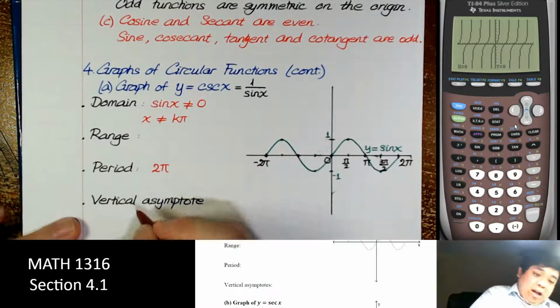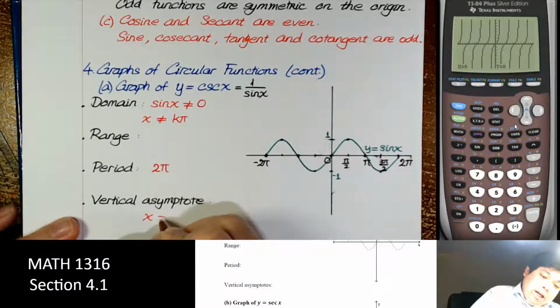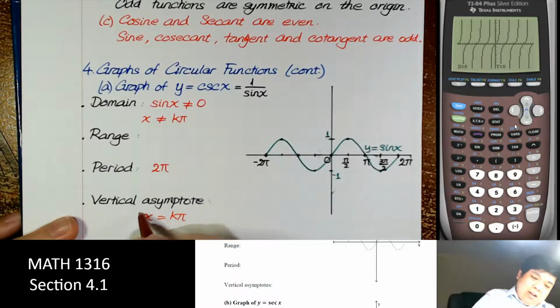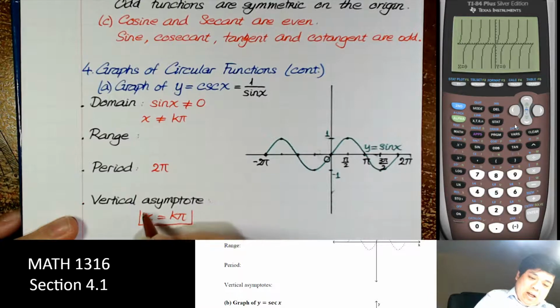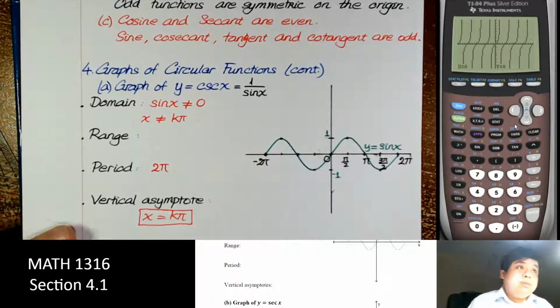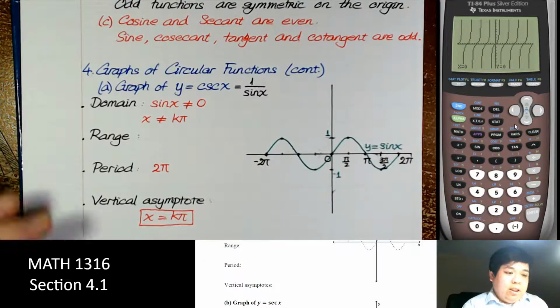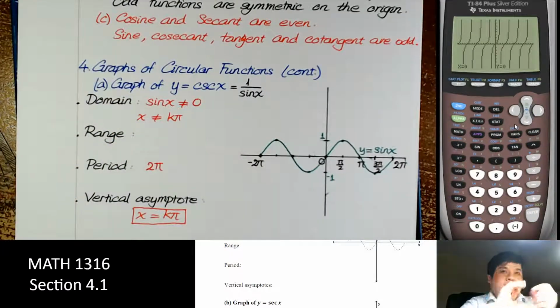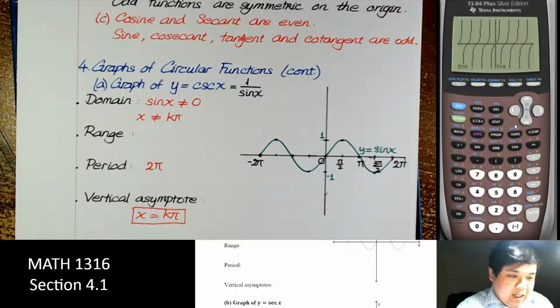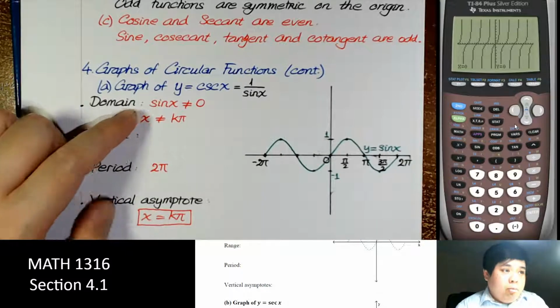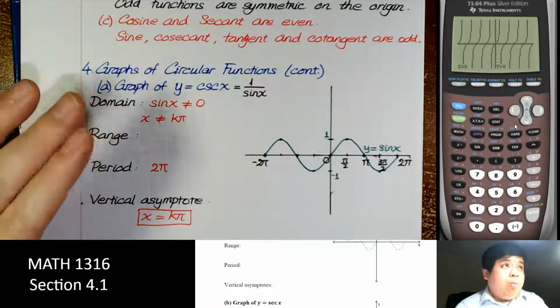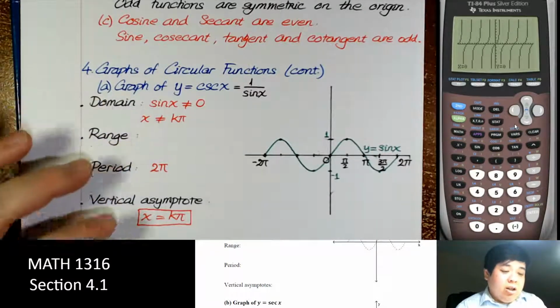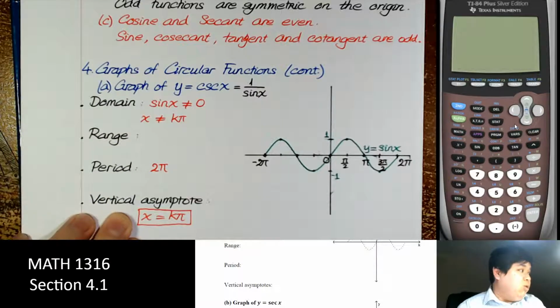The complement to that is where it equals k pi. The function is undefined, so the asymptote will be at k pi. So the domain and the vertical asymptote are kind of opposite to each other, because the domain is where the function is defined, and the vertical asymptote is where the function is undefined.